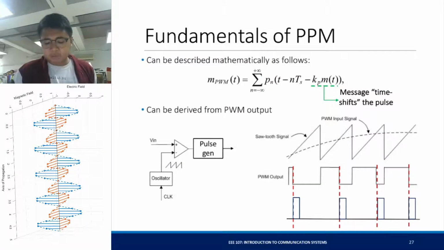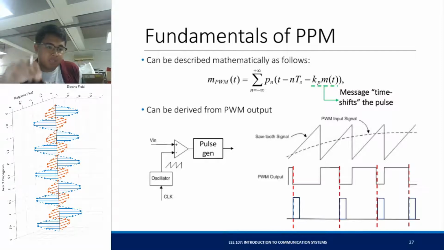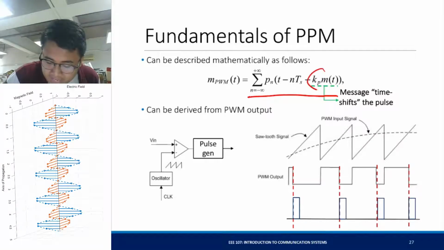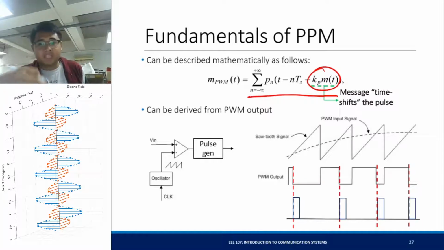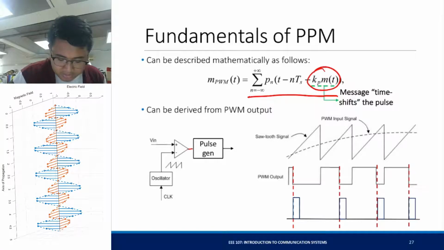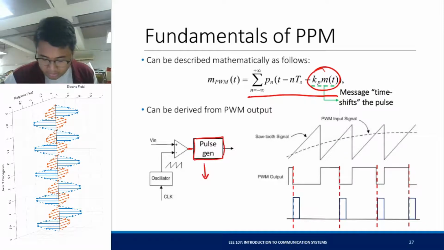Now, for your pulse position modulation, you can mathematically describe it as follows. Instead of a piecewise function, it's just equal to this, where your time delay is dependent on the message signal. So the message signal defines when you will shift in time. And it's related to your pulse width modulation by just connecting a pulse generator that will activate when your PWM output goes from high to low.